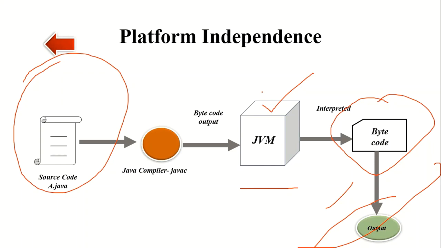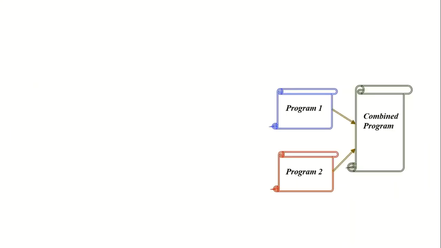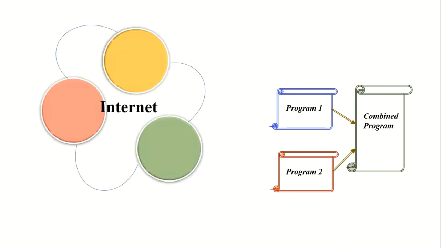Now we have to understand why we need a platform independent programming language. The next question is the importance of platform independence. It will be clear if you consider a distributed system. Now what is a distributed system? I will explain. First, let's consider the internet. The internet is a network of networks.